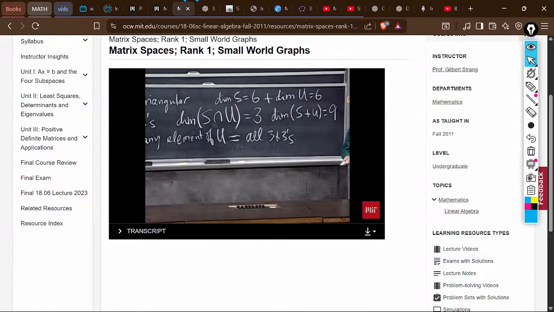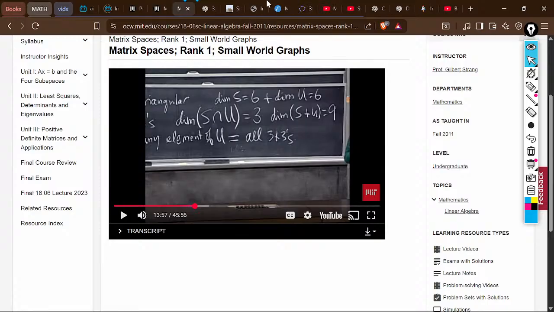If I have two subspaces, the dimension of one plus the other equals the dimension of the intersection plus the dimension of the sum. So how does it work for a 4x4? Let's give it a try.